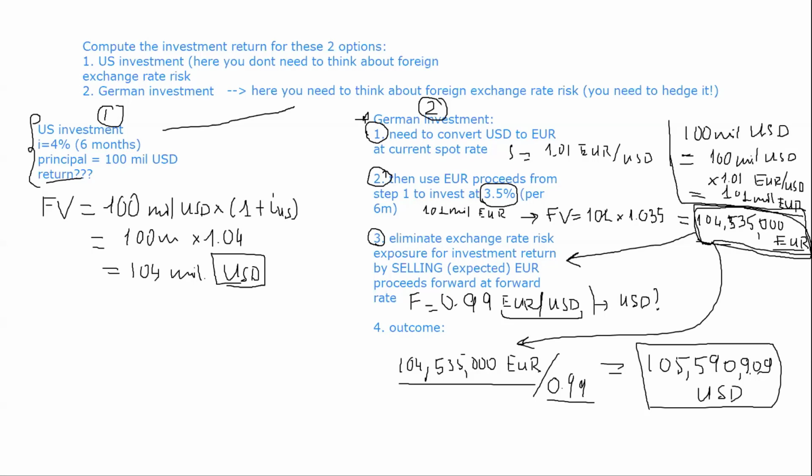Yep, I've got an answer here. Germany, yes, spot on. Thank you so much. I'm going to invest here because I get a higher rate. Okay, so here I've got a higher investment return relative to here. So I'm going to go to Germany to invest. Okay.